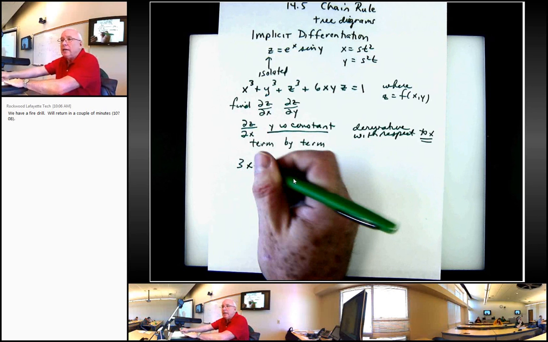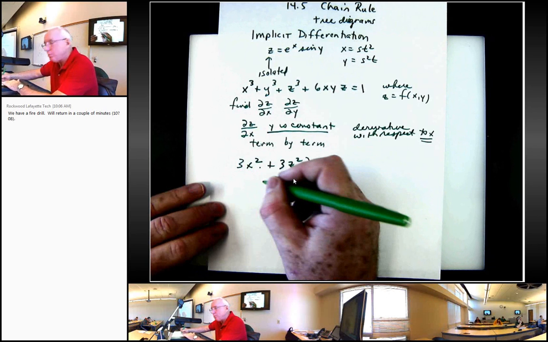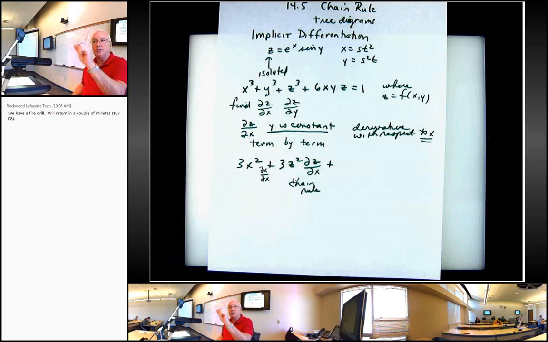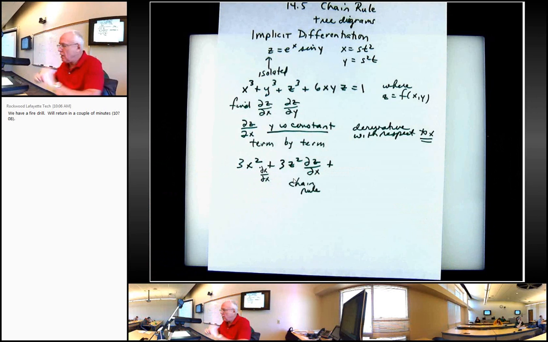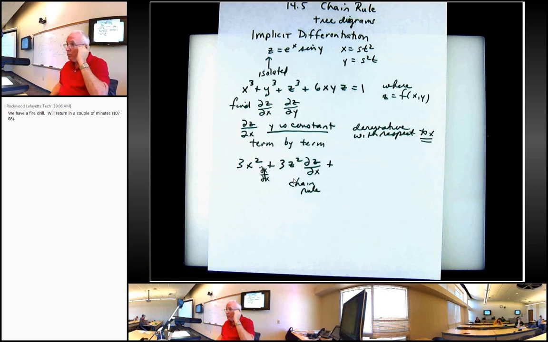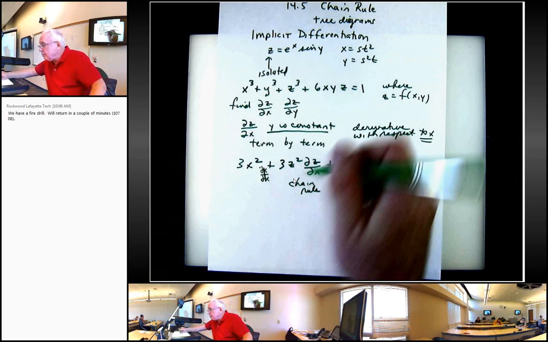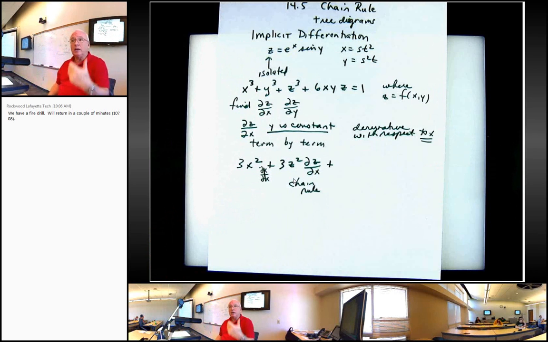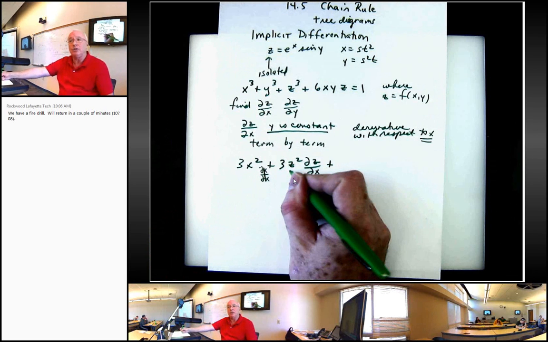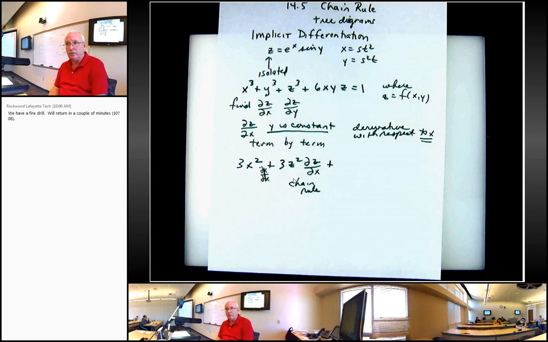Technically, if I did the chain rule with respect to x, I'd be multiplying it by dx dx, which is just equal to 1, and we don't even think about doing that. The second term, I'm remembering that y is a constant, goes away. But here, we've got to complete that dz dx. My inner function is that z, and I've got to do that derivative with respect to x. I don't know if that helped or not.